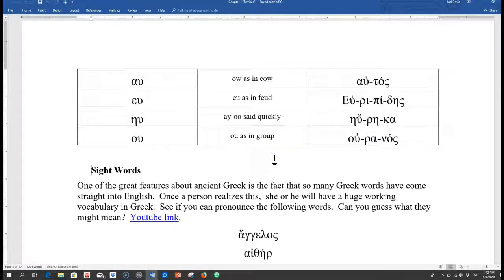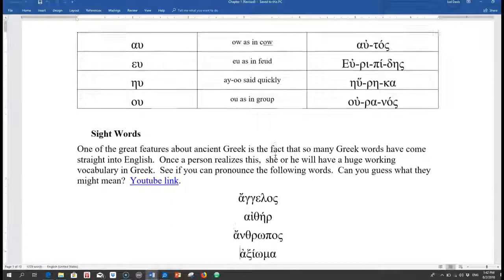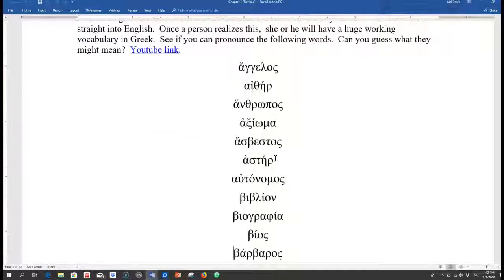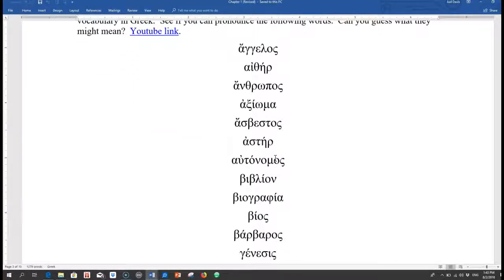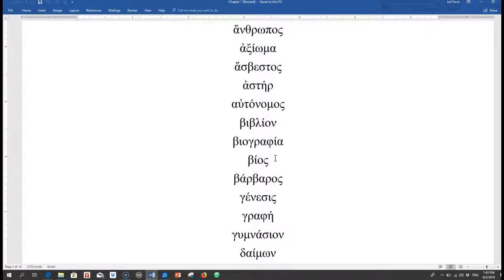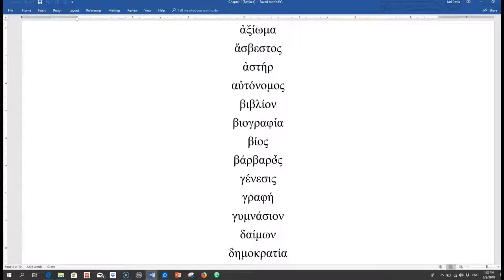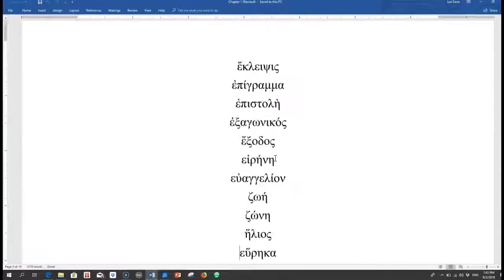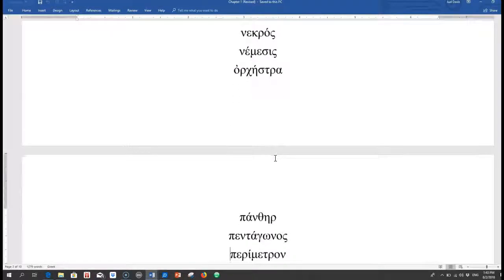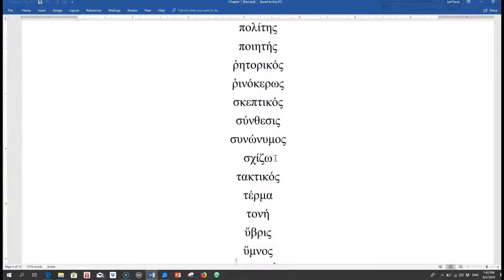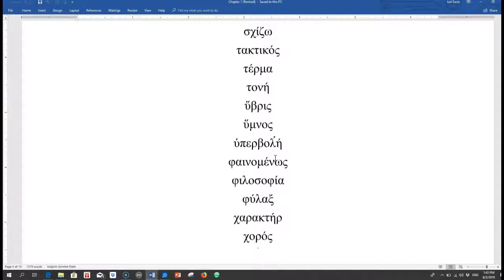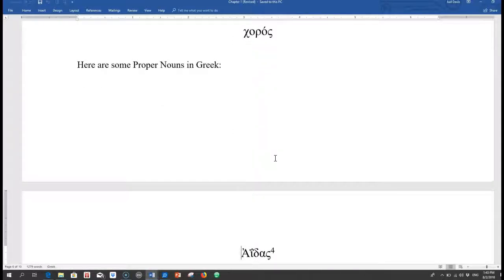So when we come here to the sight words, angelos, aether, anthropos, axioma, asbestos, austere, what you want to do is work through these and see if you can guess what the English word is that comes from it. 30% of the English language comes straight from the Greek, and so when you walk in the classroom the first day, you know about 3,000 Greek words.